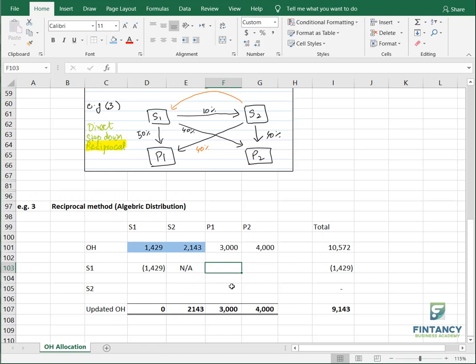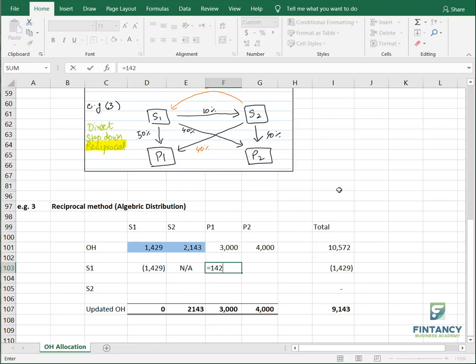Yes, remaining ratio. No, now you will not take remaining ratio. Ask me why. Because if you took the remaining ratio, you will increase the overhead. I mean the overhead will become 10,572. But we need the overhead how much? 10,000. Okay. So you will just take the remaining percentage as it is.